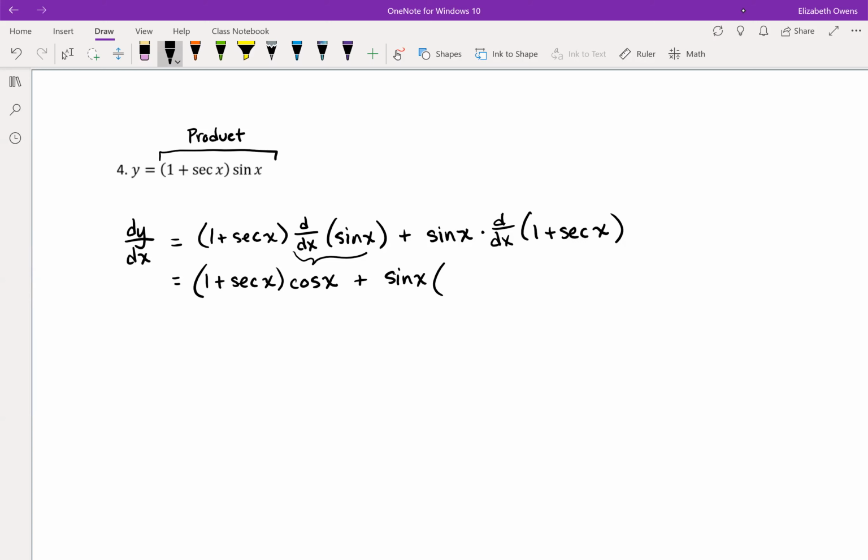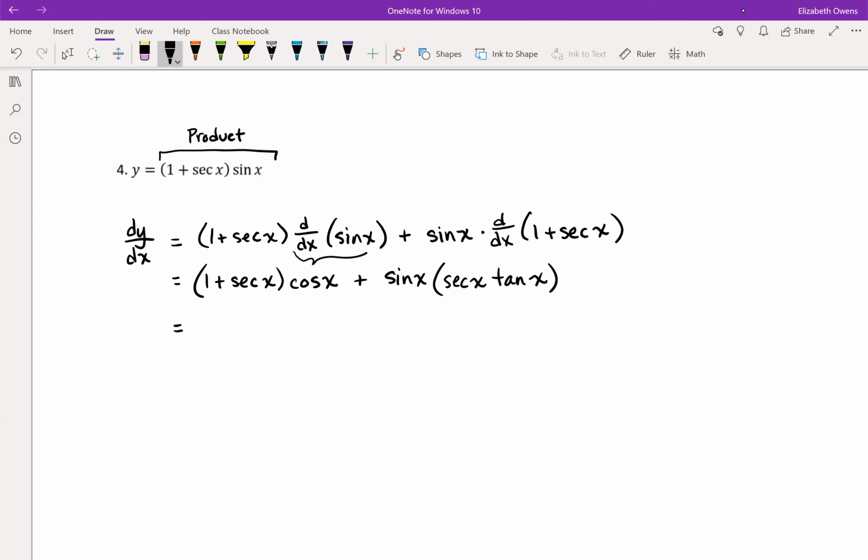But the derivative of secant x is secant x tangent x. Okay, you knew that, right? Because you're memorizing these. Just got to keep emphasizing that for you guys. These aren't going anywhere. Especially if you go on to Calc 2, there's a lot of trig in Calc 2, so you will want to know these.